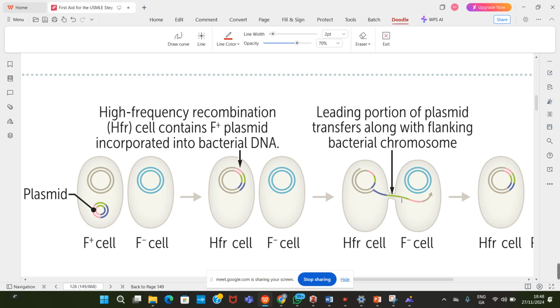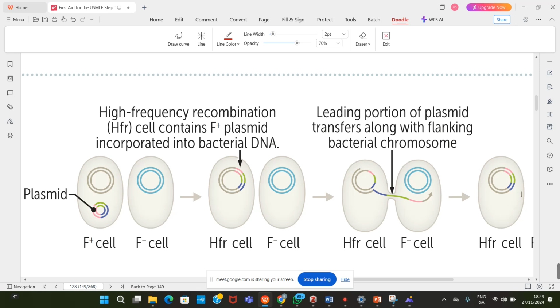It will form the sex pili, but what will happen is that instead of an entire single strand coming out, it is only the leading strand of the plasmid that will come out. The leading part of the plasmid will come out, and it will drag along the component of that bacterial chromosome that you want to transmit. It will drag it along, and all of them will enter into that F negative cell and incorporate into it.